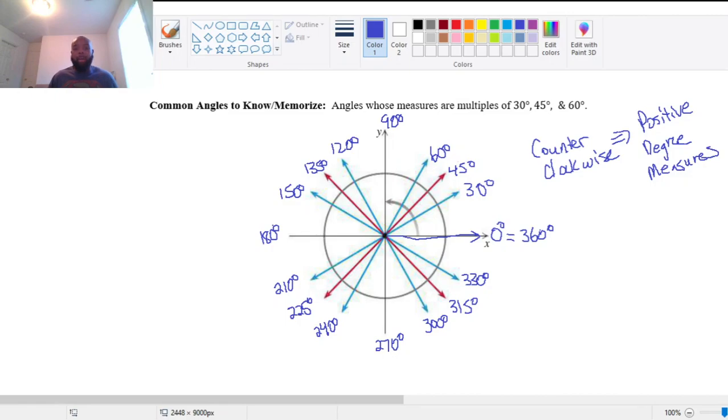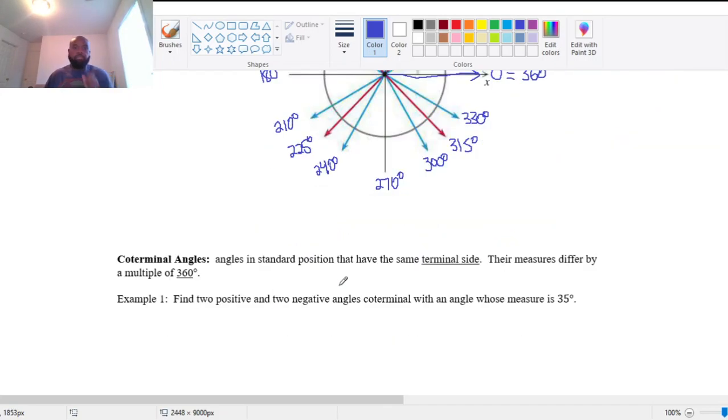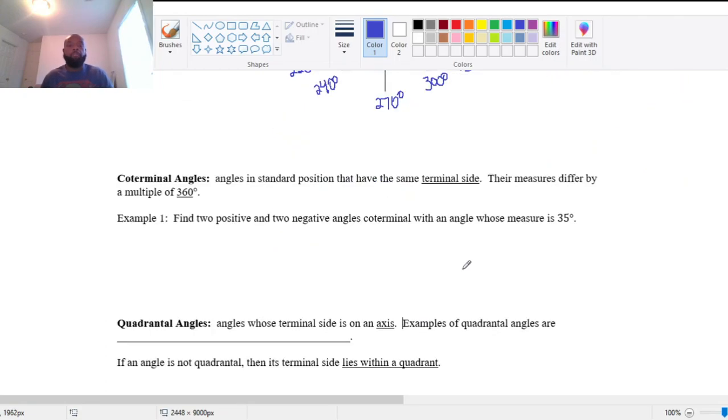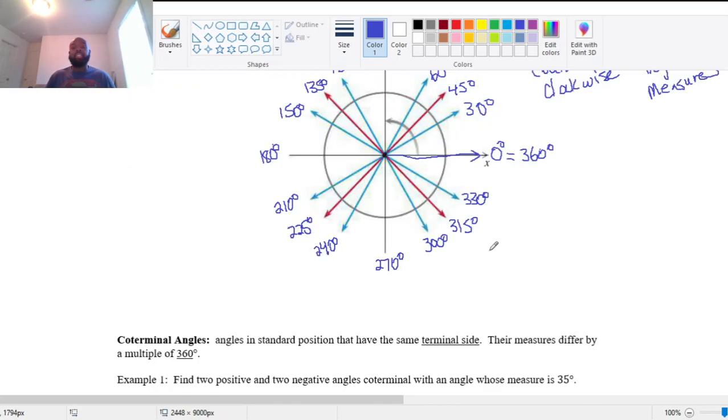If we go in the opposite direction, we're going to get negative degree measures, and we're going to see that in just a few moments. All right, so you want to memorize all of these angles here. Definitely memorize these by the time you get to class. Memorize all of these angles within this circle. We also have coterminal angles. So notice if I went one full revolution, I get to 360 degrees.